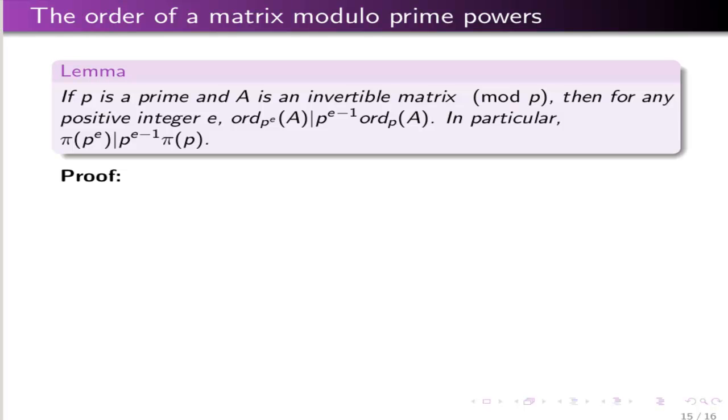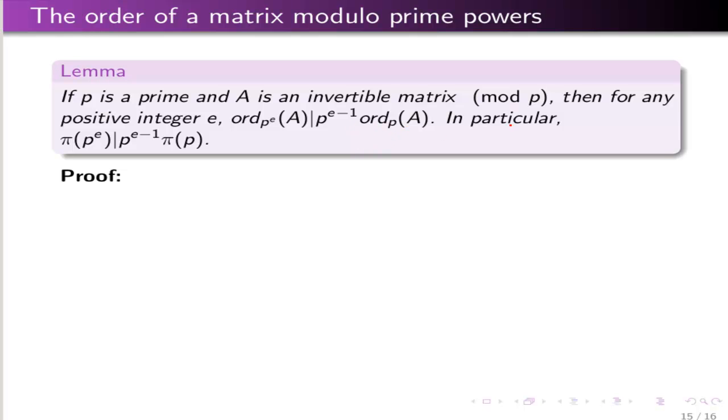So if we want to look at prime powers, so we started by looking at the Pisano period mod p, we would next go to prime powers, and let's do it from a matrix point of view here. So if p is a prime and A is an invertible matrix mod p, then I claim for any positive integer e, the order of the matrix mod p to the e is a divisor of p to the e minus 1 times the order of the matrix mod p.